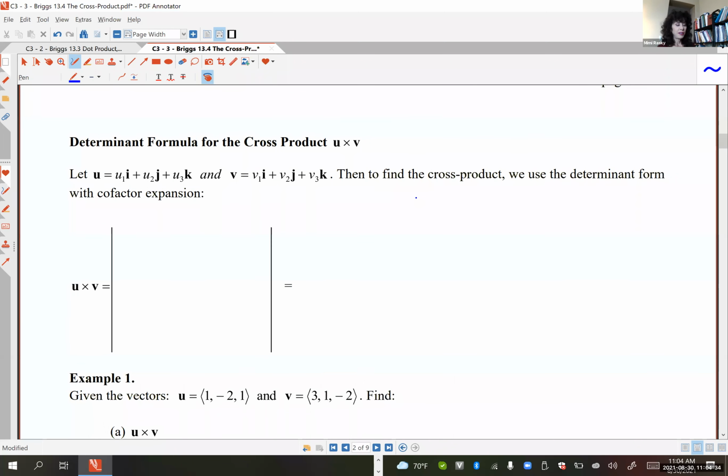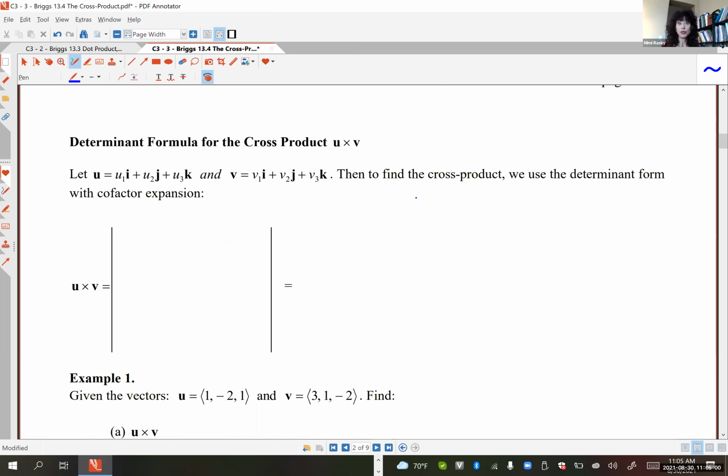The way, more often than not, you're going to get a cross product is by doing the determinant form with cofactor expansion. Well, how's that look? I'm going to show you. If you've already taken linear algebra and you know how to take the determinant of a 3x3 matrix, welcome. You already know this. If you haven't taken linear, don't worry.